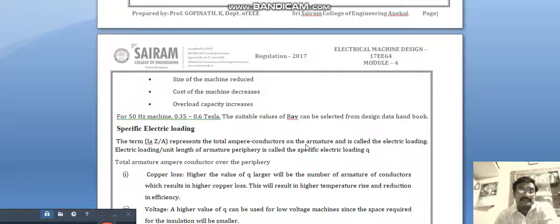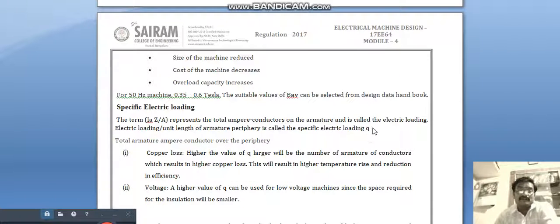Electric loading per unit length of armature periphery is called the specific electric loading. The letter Q is used for specific electric loading and BAV for specific magnetic loading.